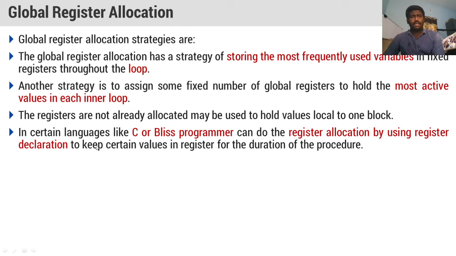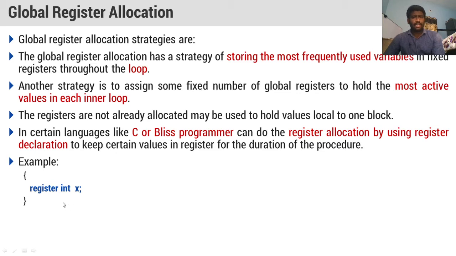Suppose I take another example. In certain languages like C, we can do register allocation by using register declaration, to keep certain values in the register for the duration of the procedure. For example, register int x, we have declared the value like this.